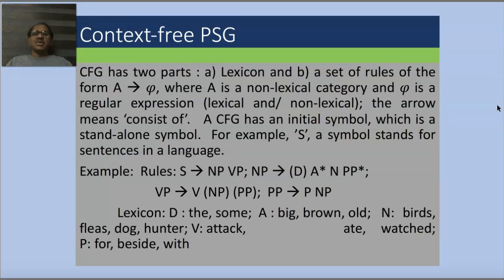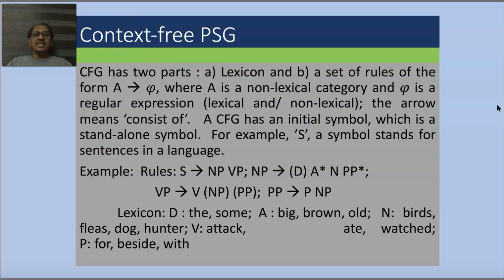In this video, we are going to look at context-free grammars. When you say context-free grammars, the rules which are in the grammars, they are not specified for any context, right? They are context-free grammars. A context-free phrase structure grammar, or a context-free grammar, let's say, has two parts.